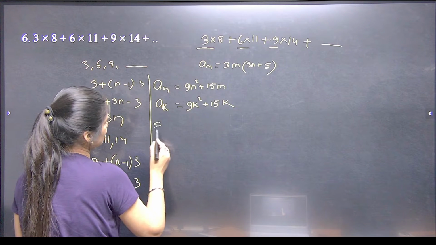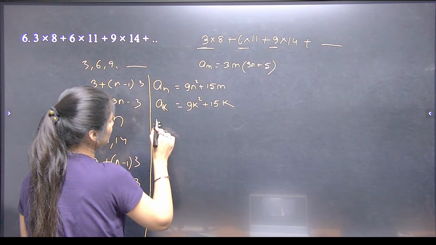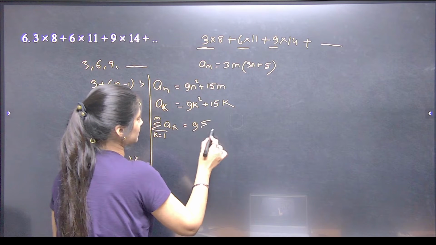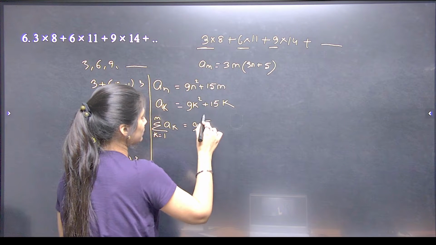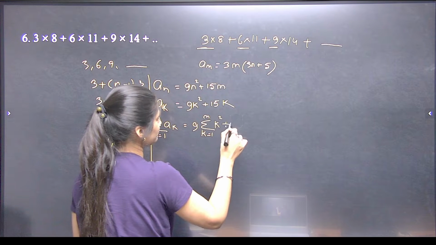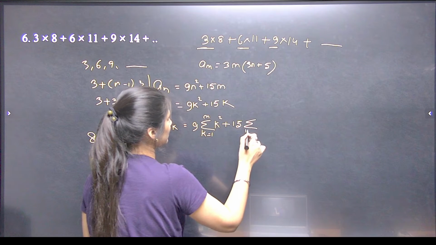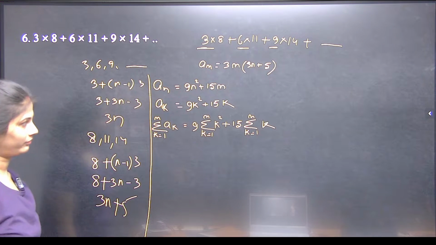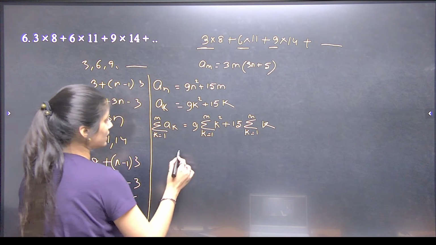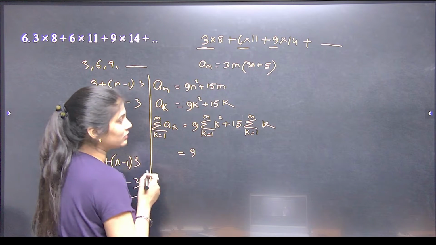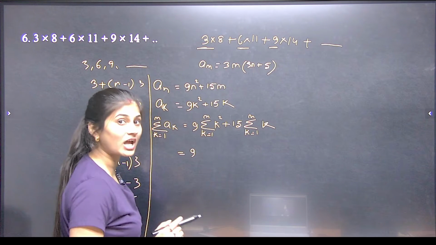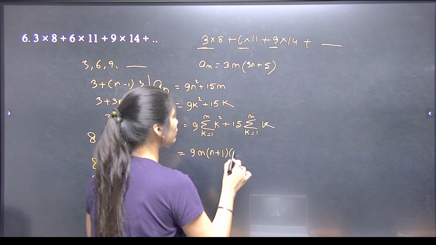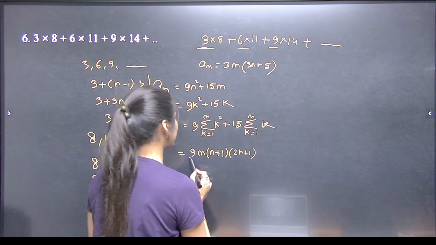Now summation k equal to 1 to n, ak is equal to 9 summation k equal to 1 to n k square plus 15 summation k equal to 1 to n k. Okay. Now it is 9 into, what is the formula for sum of square of natural number? It is n into n plus 1 into 2n plus 1 by 6.